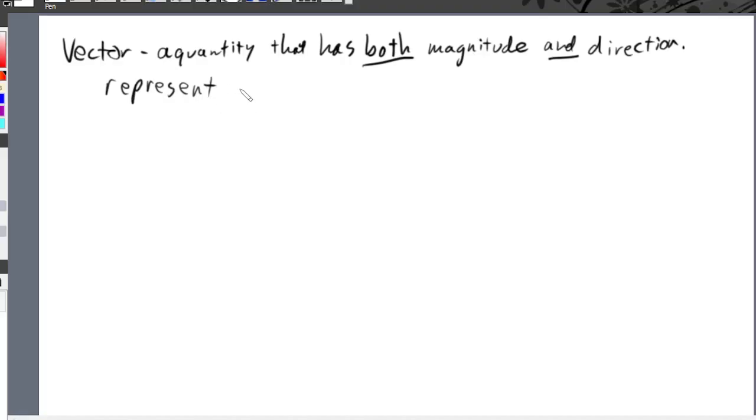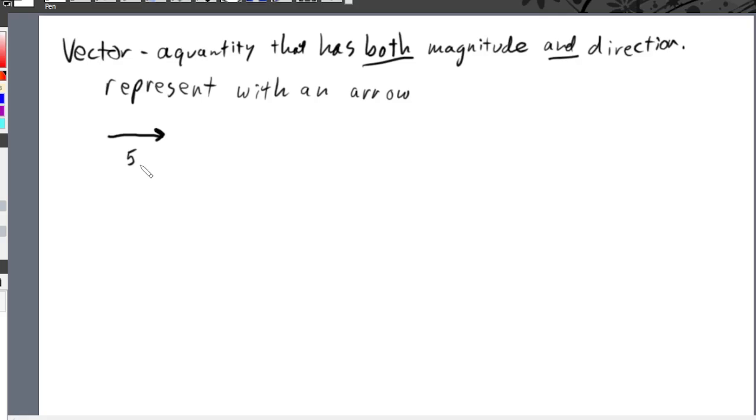Okay, and we can represent it with an arrow. For example, if I drew this and labeled it as having a quantity of 5, and I just made that number up. I didn't make up any units.